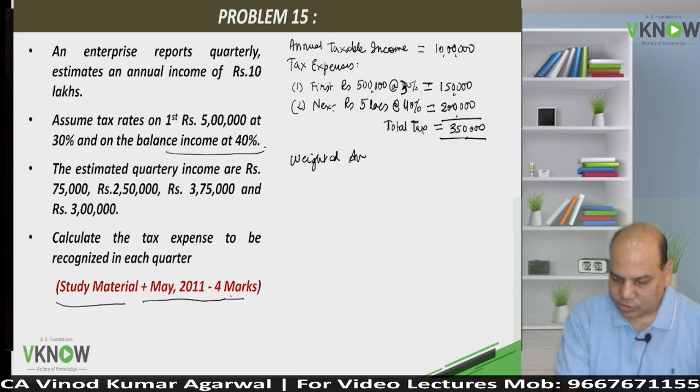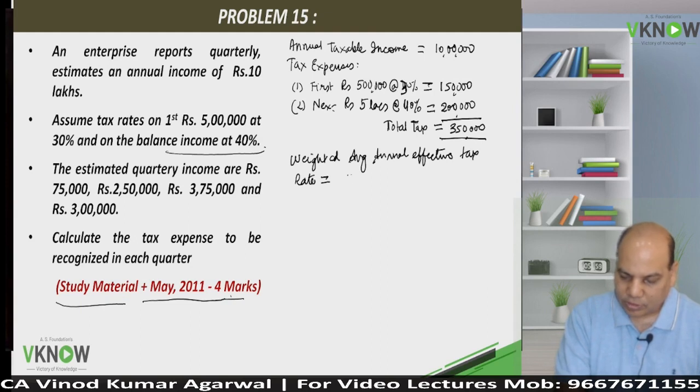Therefore, weighted average annual effective tax rate will be 3,50,000 divided by 10 lakh, and that comes to 35%.